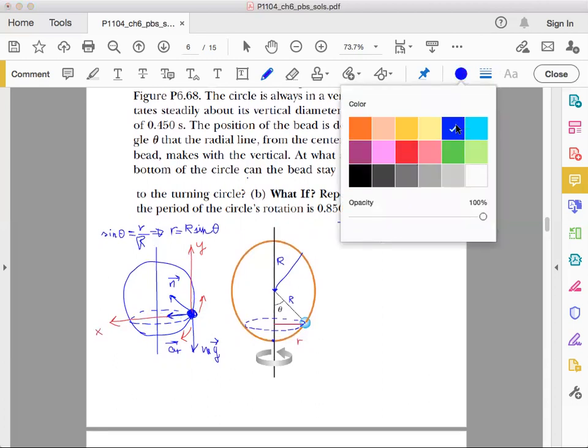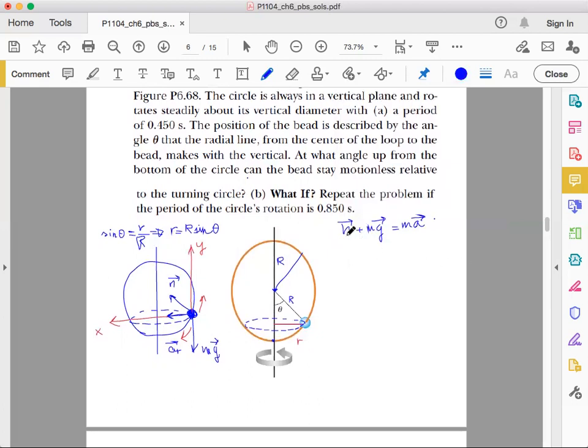And now all we have to do is to make the projection of this equation onto x and y. So let's start with the projection onto y. We have the normal N, right? And this is mg. For mg, it's very easy. Mg is pointing in the opposite direction with respect to the y-axis, and so we end up with minus mg.